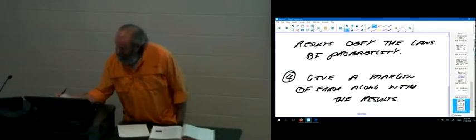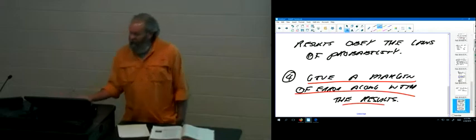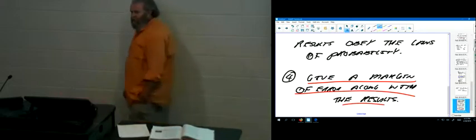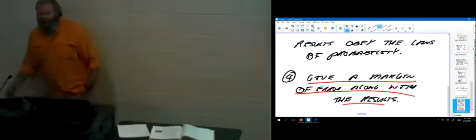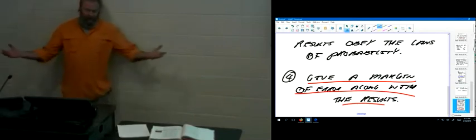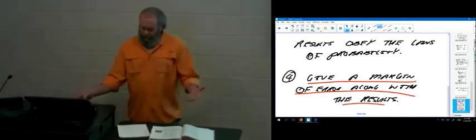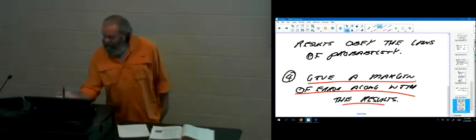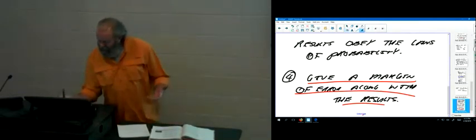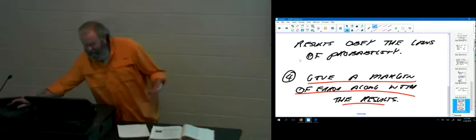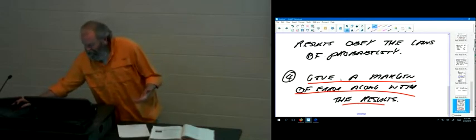I'm just setting you up for later. You and I are going to have a whole bunch of talk about giving this margin of error along with the results. Because we have to give some kind of margin of error just so that we can be useful. And then I'm going to give you number 5 here. And this is the part that's really of interest to me in this section of this chapter.